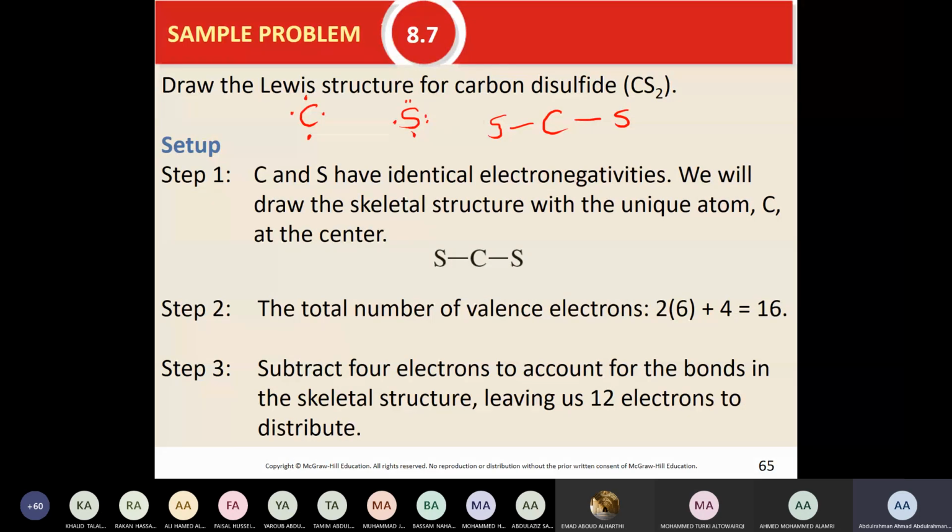Then we count the total number of valence electrons or dot symbols, which is 1 of this one and 2 of this one. This means a total of what?